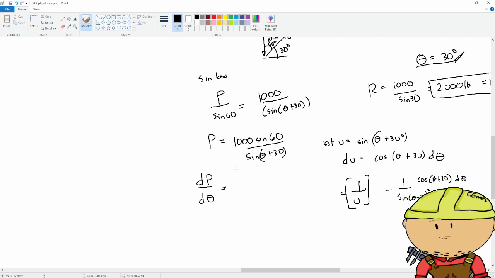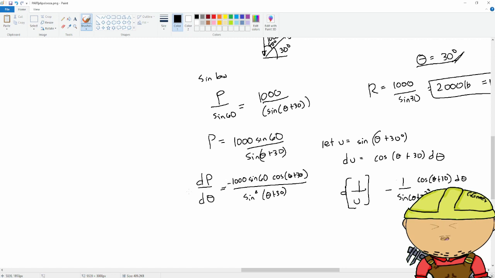So we're going to have negative 1,000 sine 60 degrees cosine of theta plus 30, the d theta is already downward, over sine squared of theta plus 30. Okay, that's it.